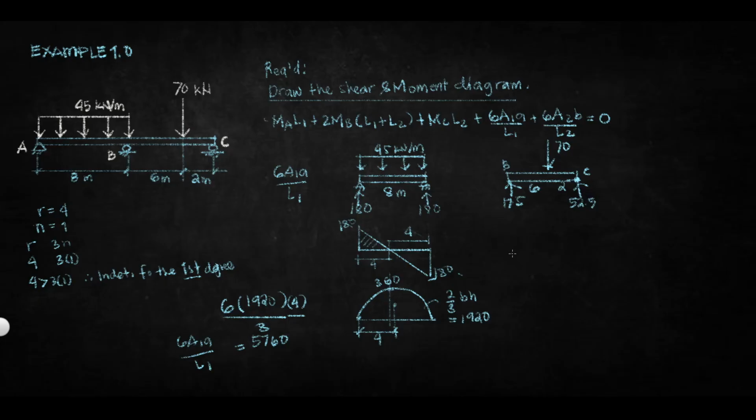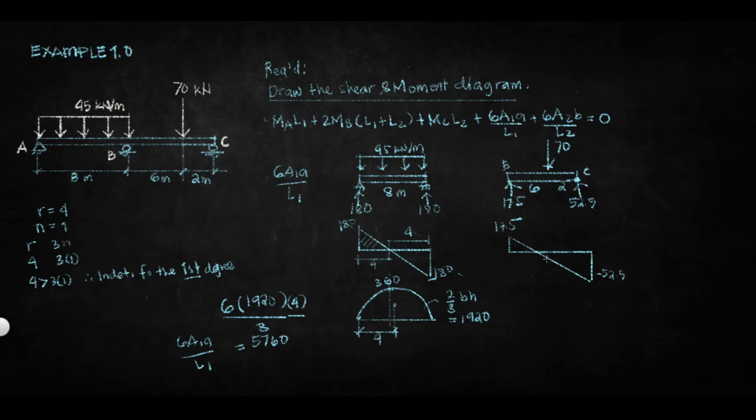And then we now draw the shear diagram. So we have negative 52.5 and then 17.5.